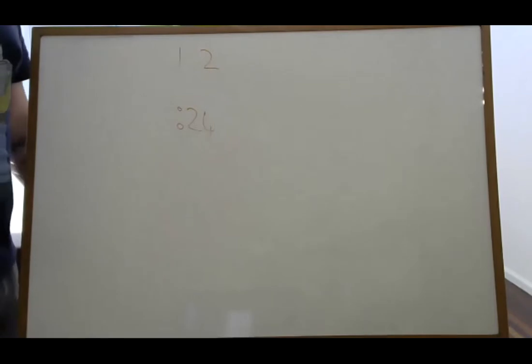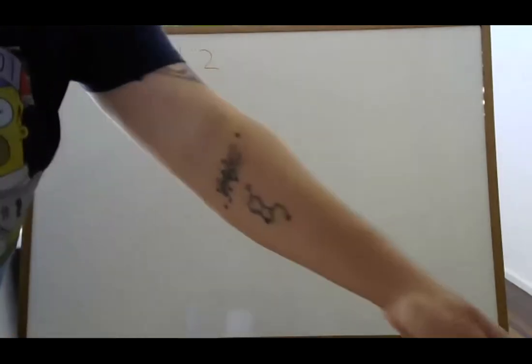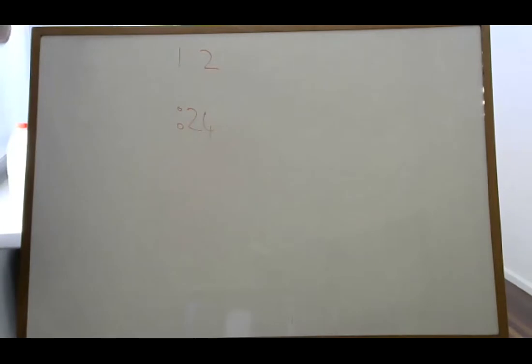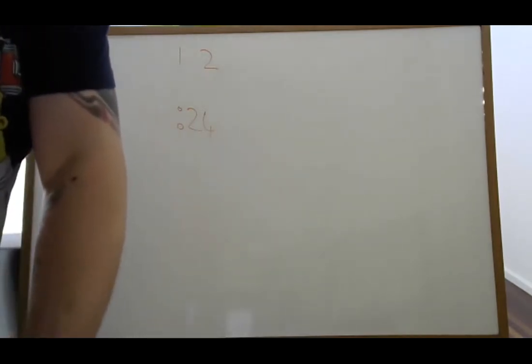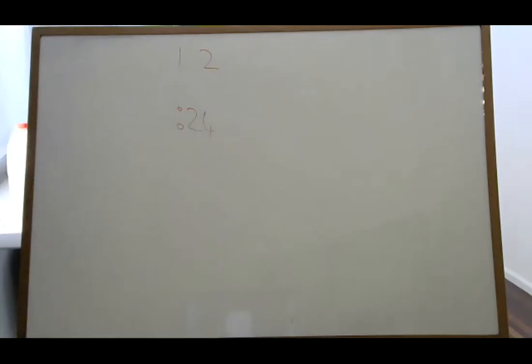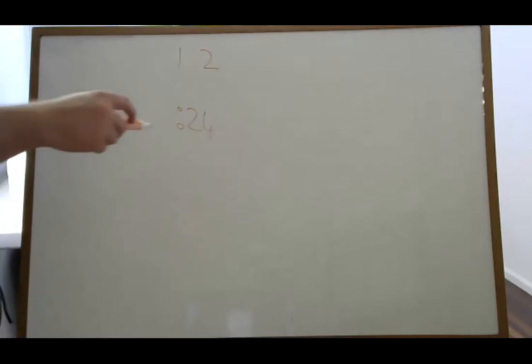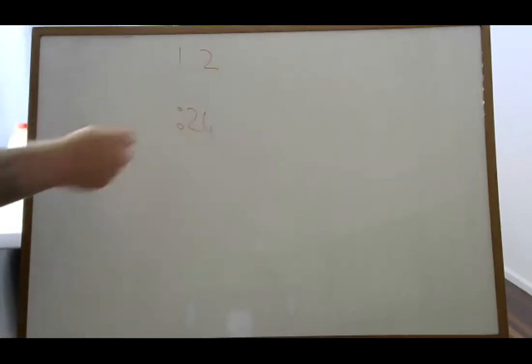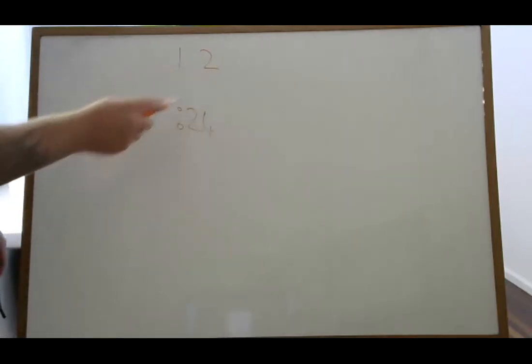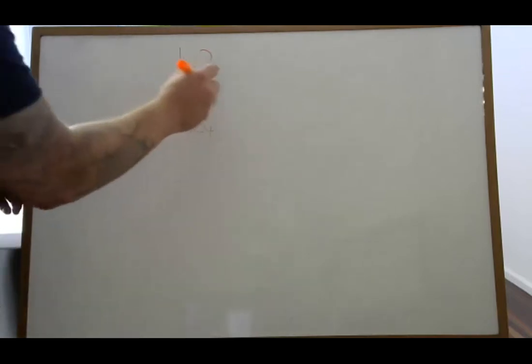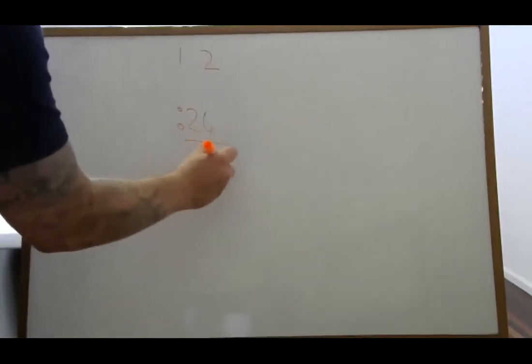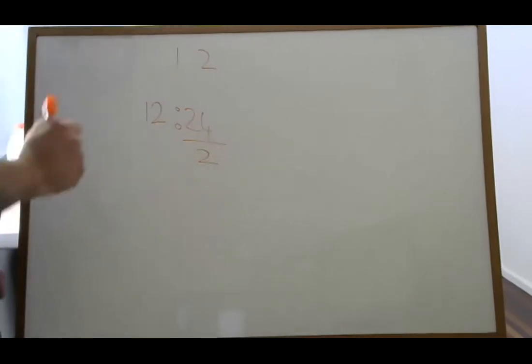That 1 is to 2. So to find this number, we times it by this one. To find this number, we divide 24 by 2, gives us 12.